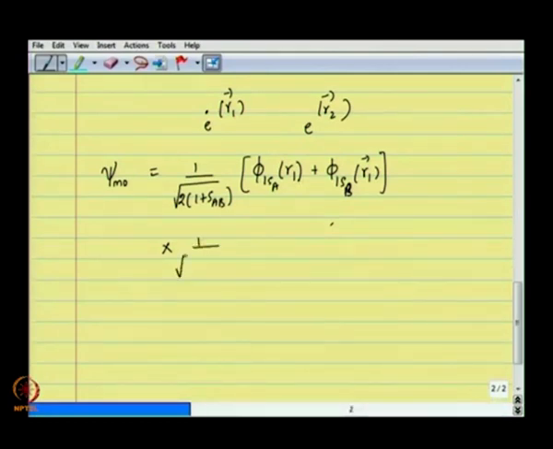So that what you have is 1 by root 2 times 1 plus S_AB times phi 1s A r2 plus phi 1s B r2.